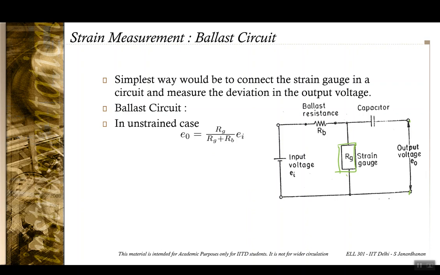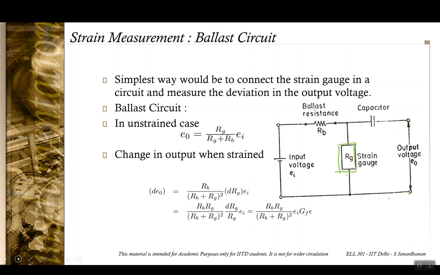In the unstrained case, this is going to be the value, and when there is a strain, the relative change, dE0/dRg, is going to be Rb/(Rb + Rg)² times Ei.